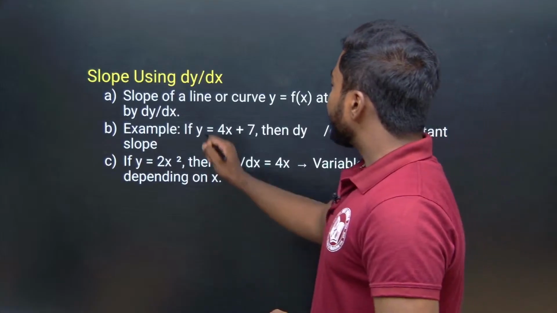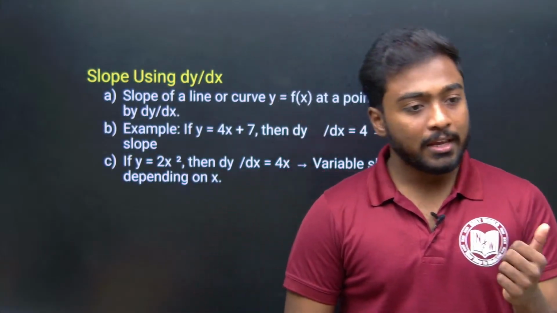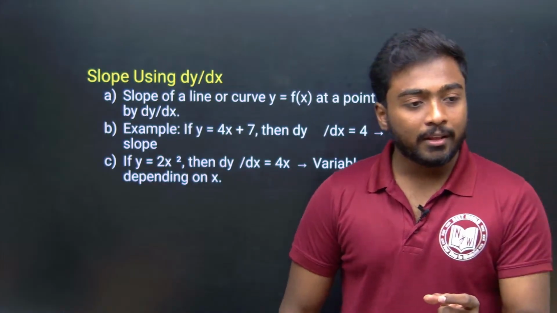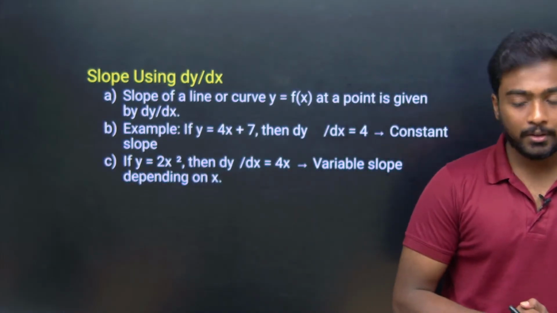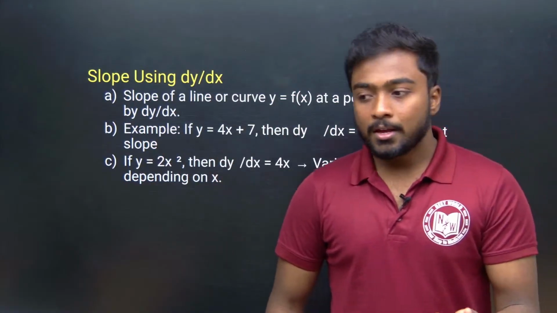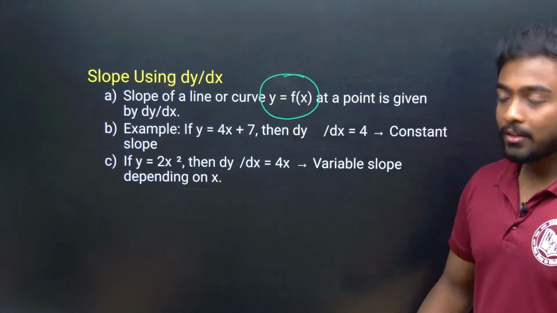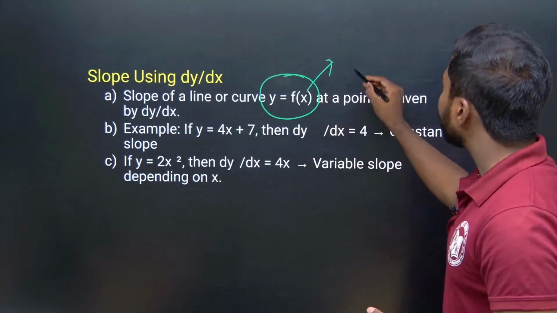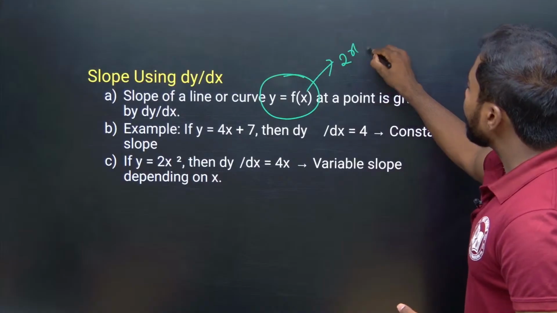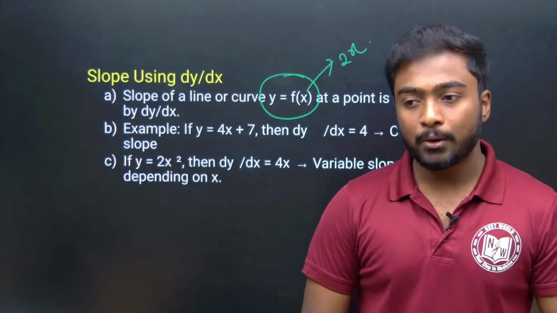So slope using dy by dx. If any equation is given, slope is nothing but the first derivative, dy by dx, the differentiation of the equation. If I take y equals f of x, the function, the equation, for example y equals 2x, what is the slope for the equation they are asking?